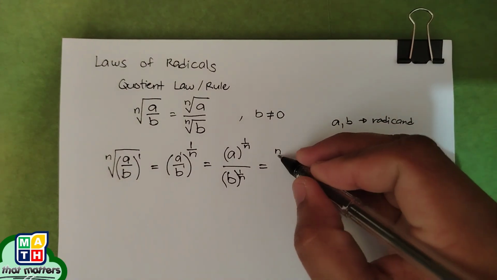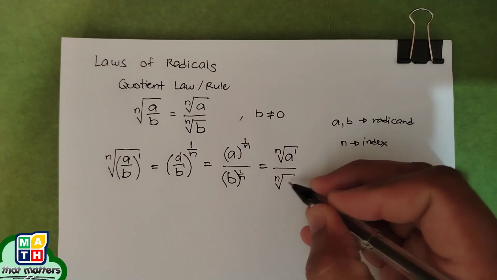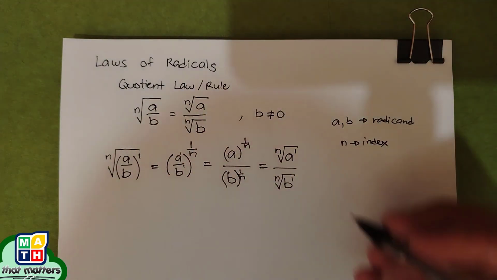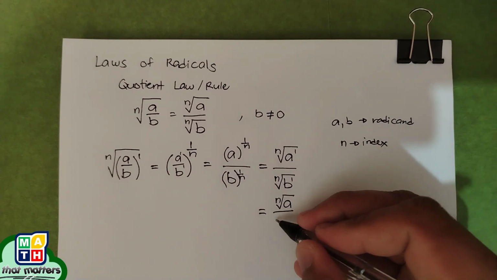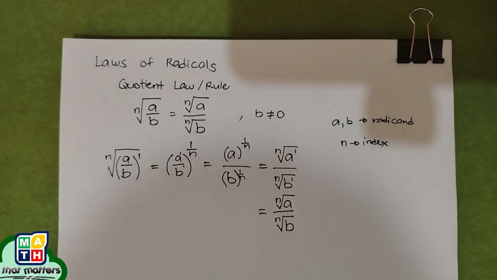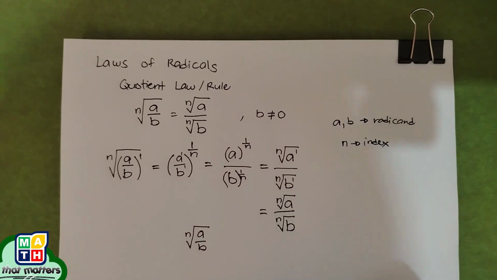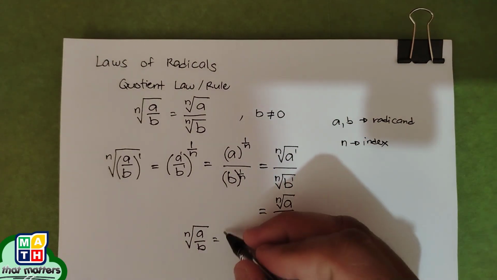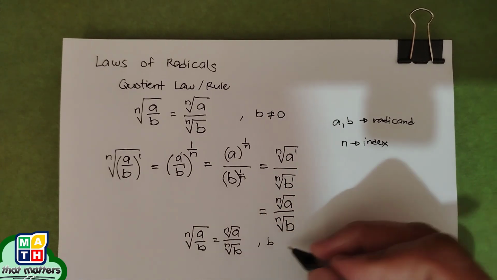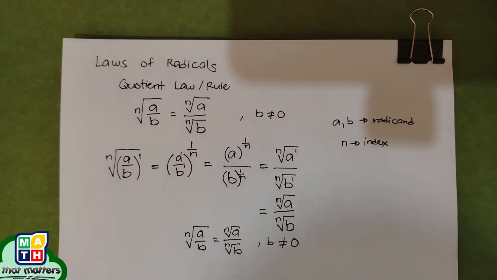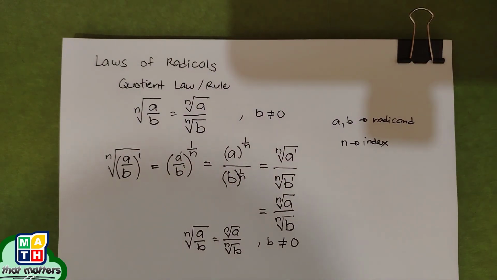That would mean the nth root of A to the power of 1 over the nth root, for our denominator, of B to the power of 1, which will give us an expression equal to the nth root of A over the nth root of B. This shows that the nth root of a fraction expressed as A over B is just equal to the nth root of A over the nth root of B, where again B is not 0, so that this will not be undefined. This is the proof for the quotient law of radicals.